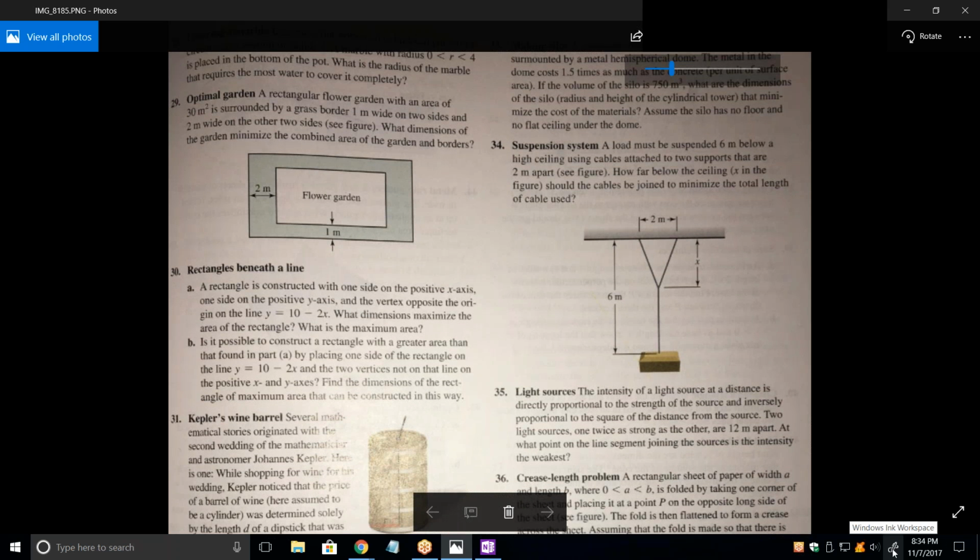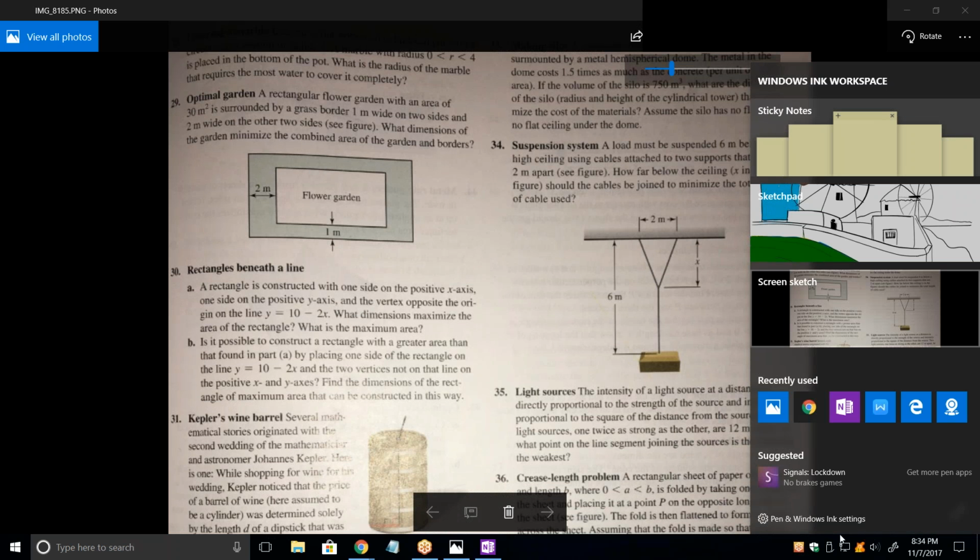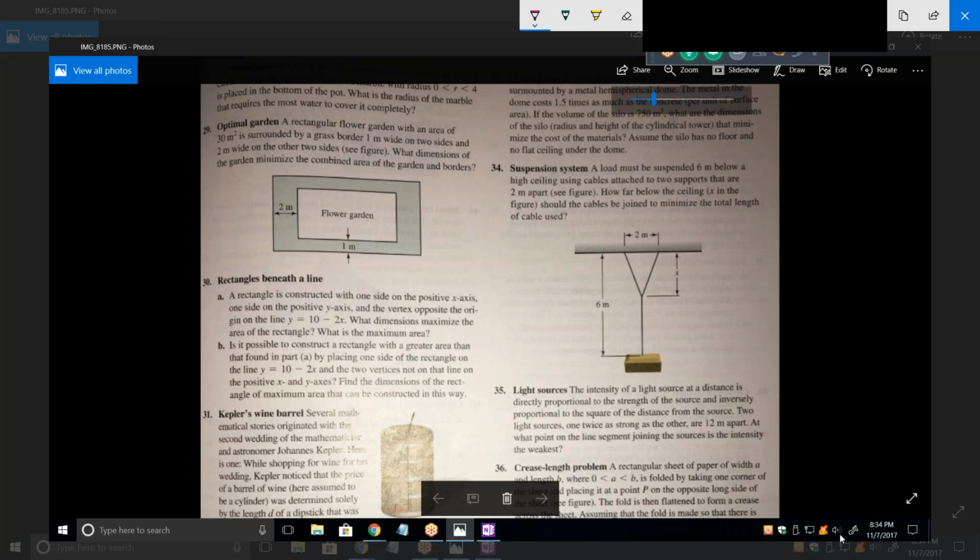Let me draw that. Close enough. You get the idea, right? It's a cylindrical pot. I guess what we're looking at here is it from the bottom.